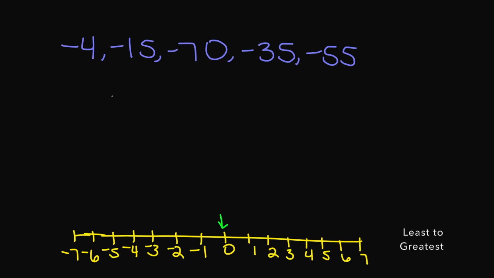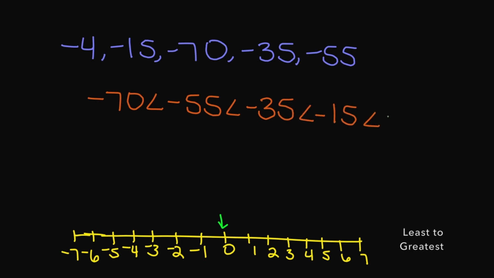Going from the smallest number to the largest number, we get -70, which is less than -55, which is less than -35, less than -15, and then less than -4. So the largest number here is -4, but your smallest number here is -70.